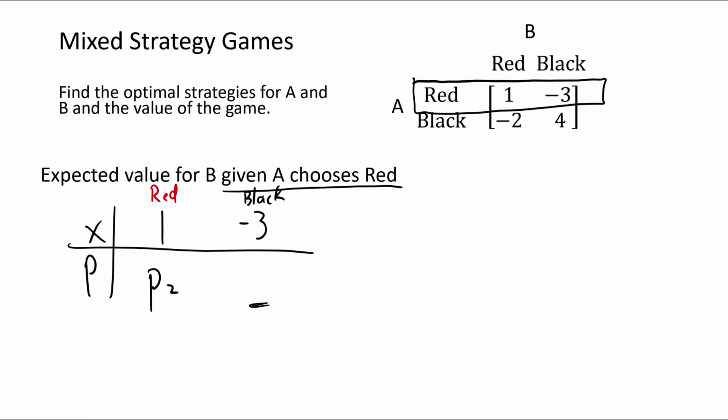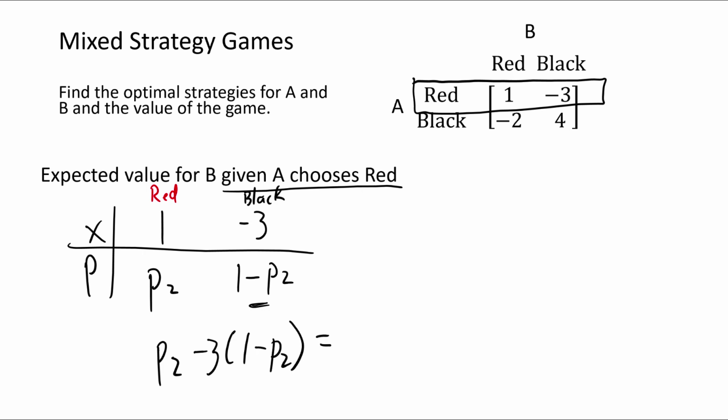You can choose whichever, just as long as you know which you chose. So if we choose p2 to be the probability with which B chooses a red card, then 1 minus p2 is going to be the probability with which B should choose the black card. All right, so once again, we'll multiply down. That's p2 minus 3 times the quantity 1 minus p2.